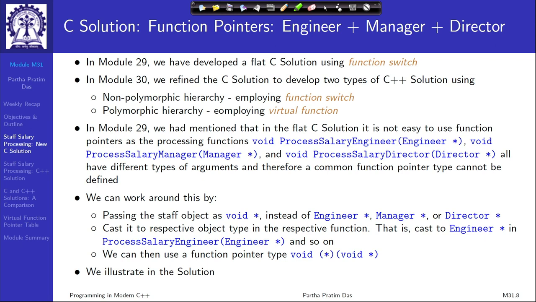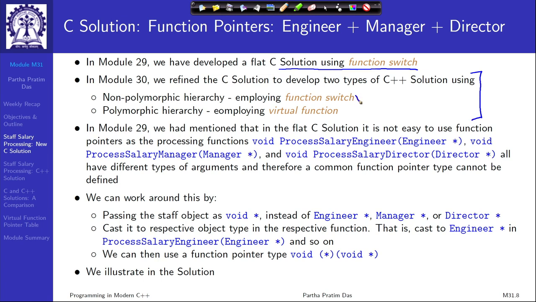If you refer to module 29, then we developed a C solution using function switch, a separate set of structured types and function switch. Then we had a number of C++ solutions, but primarily of 2 categories.